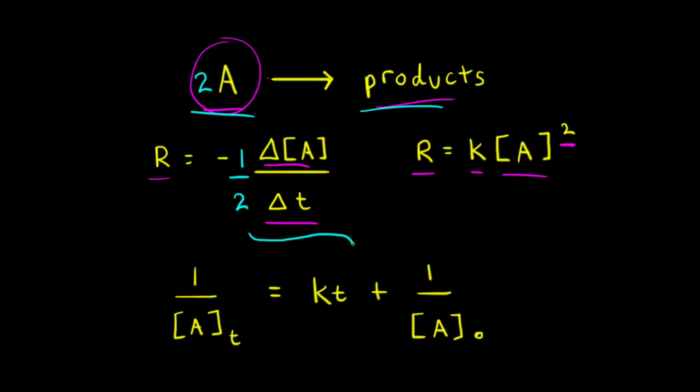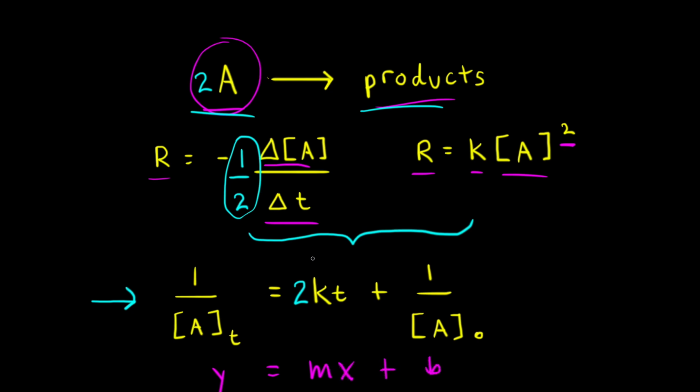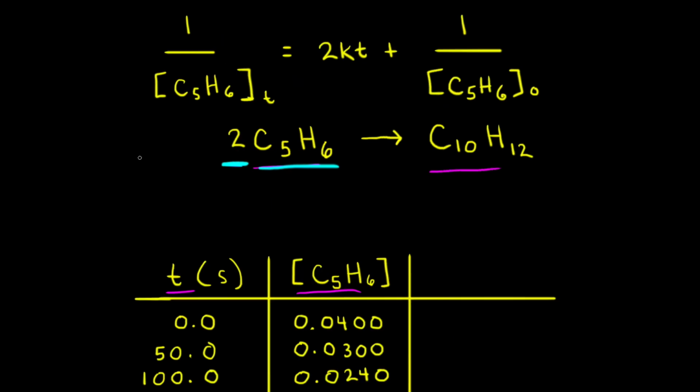Now, when we set these two rates of reactions equal to each other, and we use calculus and we integrate to get our integrated rate law, because of this 1/2, we end up with a 2 in front of the K. So thinking about y is equal to mx plus b, now the slope of the line is equal to 2k. So now for our reaction, we can write our integrated rate law as 1 over the concentration of cyclopentadiene at some time t is equal to 2kt plus 1 over the initial concentration of cyclopentadiene.